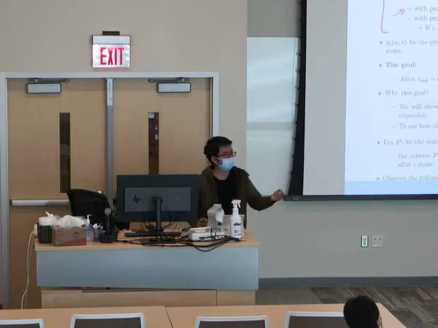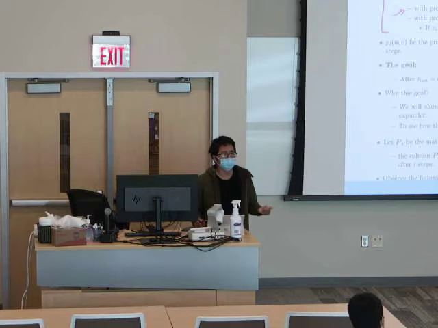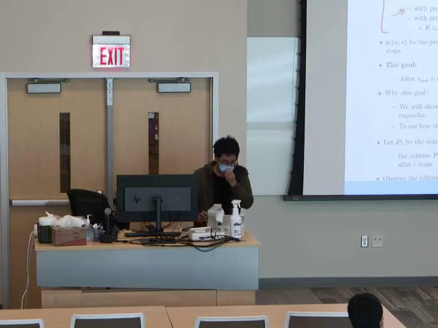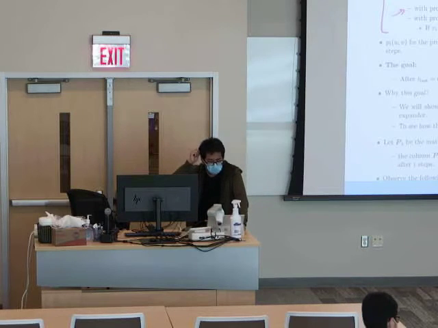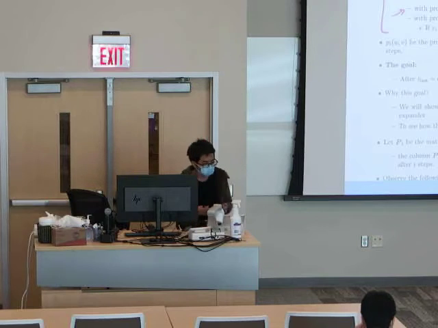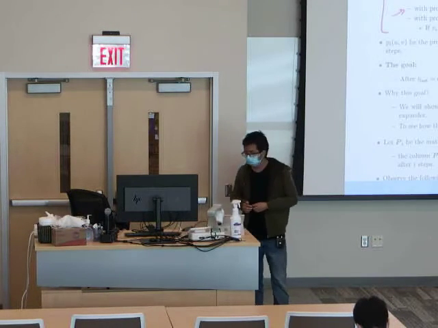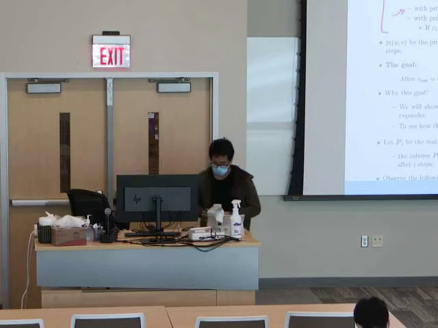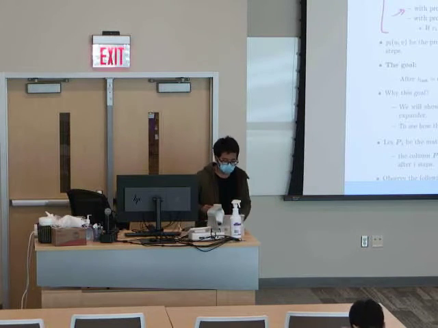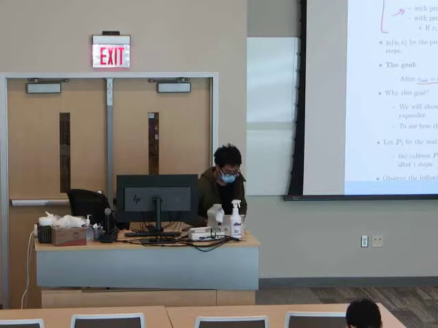Is this process clear? Good. Then you will be able to follow the same thing, and show that after log n rounds or log squared, you will get something like this.